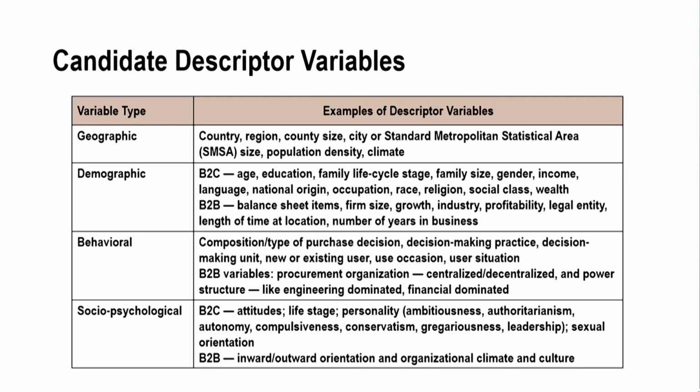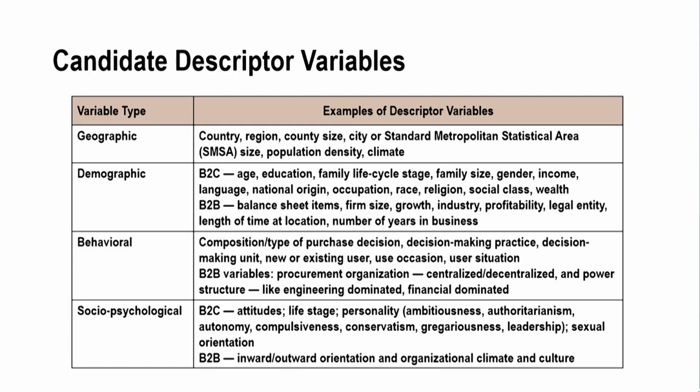And then we have socio psychological. This is not a very widely used descriptor variable in case of B2B, though in case of B2C the attitude, life stage, personality characteristics are very intensely used descriptor variables.